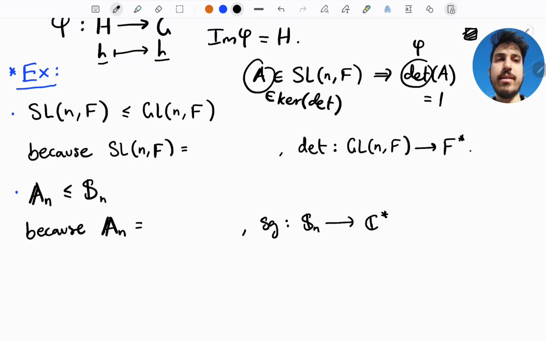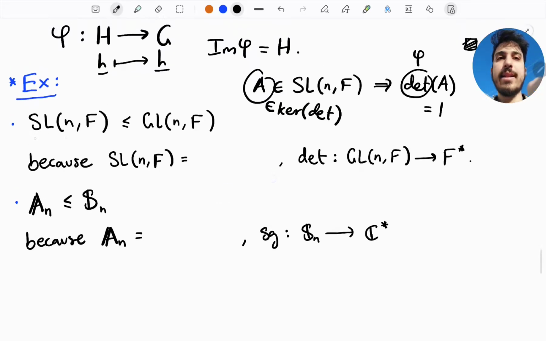But we've just said that the kernel of the determinant is a subgroup of G, and G here is the general linear group, which is all the matrices of non-zero determinant. So really, when we're talking about the special linear group, we can consider it as the kernel of the determinant, and so it is a subgroup of the general linear group because precisely of the proposition that we've seen that said that the kernel of a homomorphism is a subgroup of G.